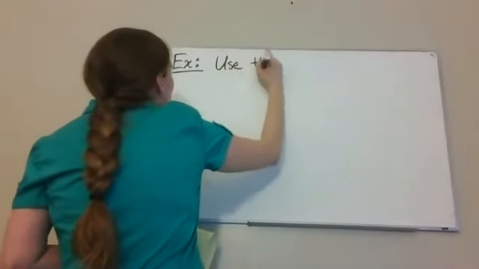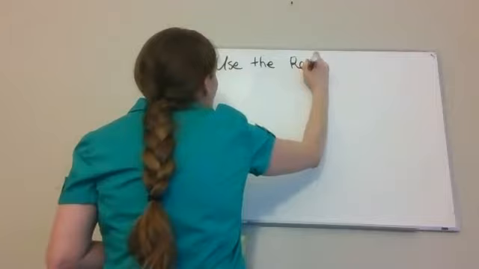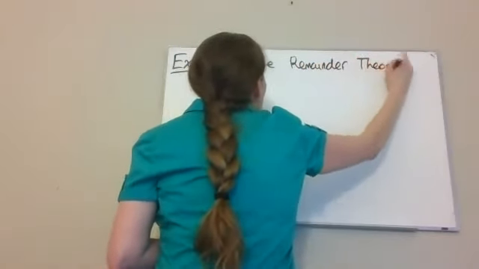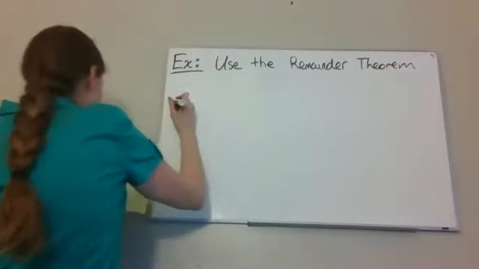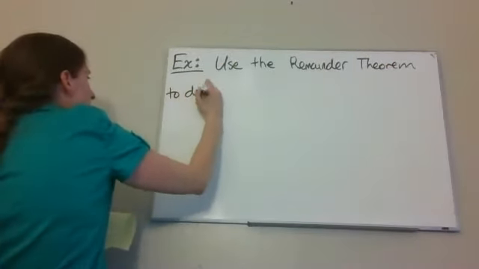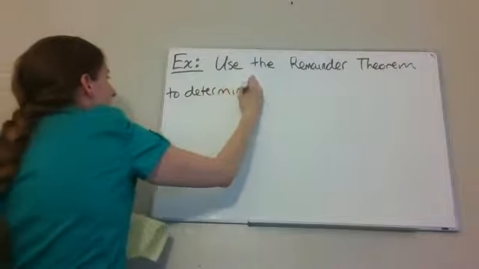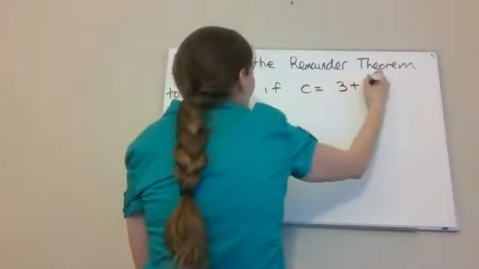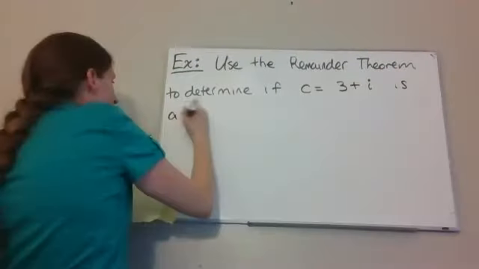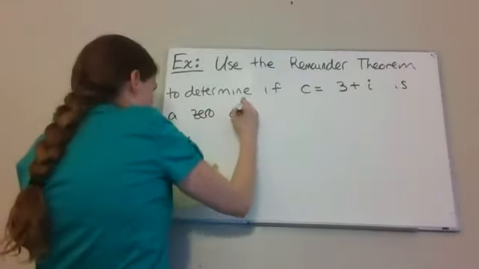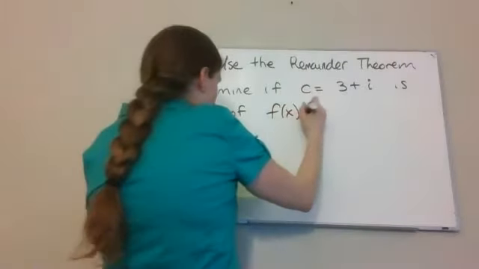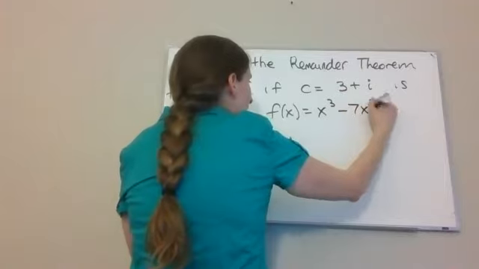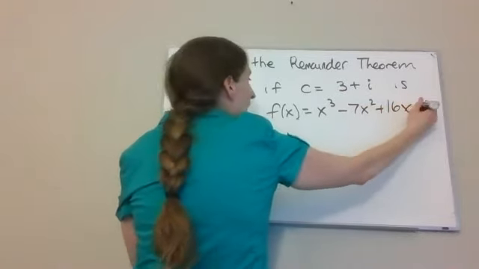So use the remainder theorem to determine if c equals 3 plus i is a zero of f of x equals x to the 3rd minus 7x squared plus 16x minus 10.